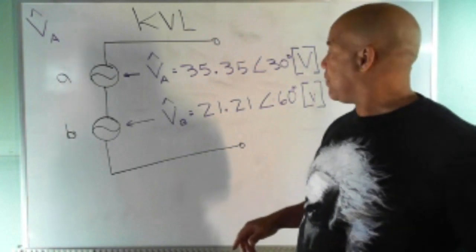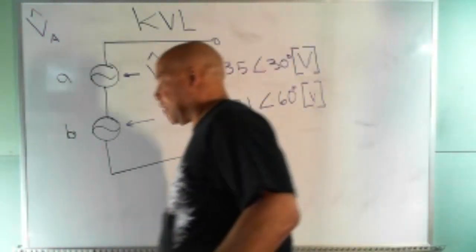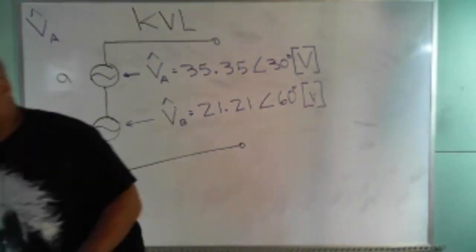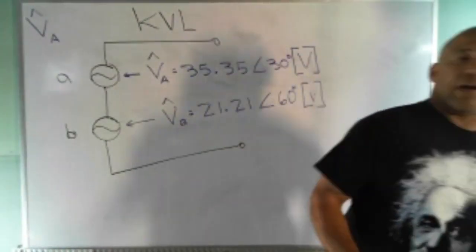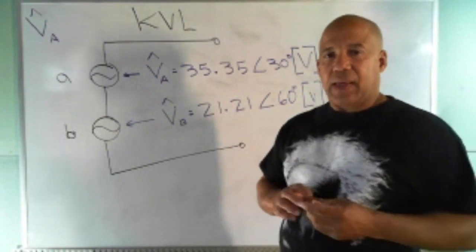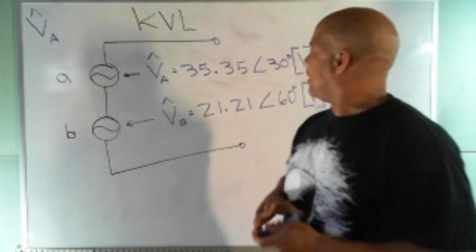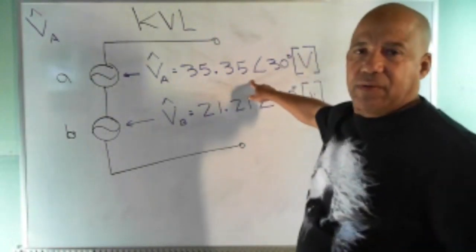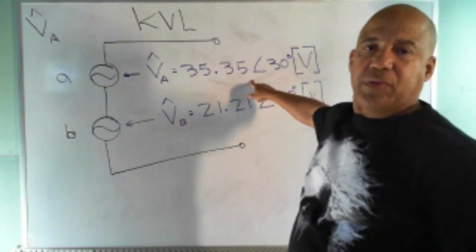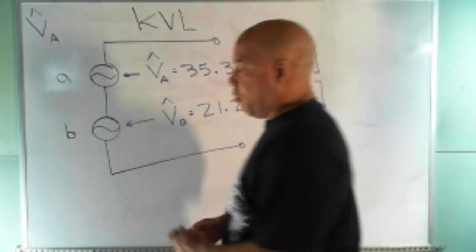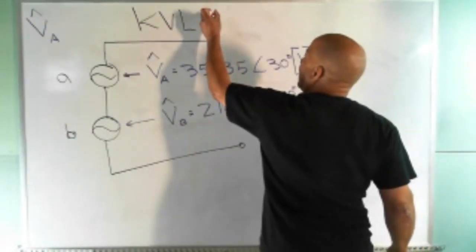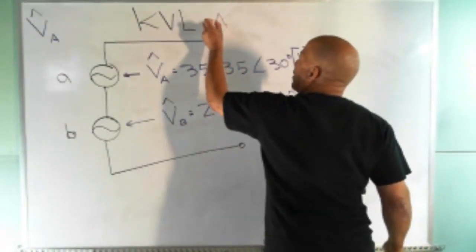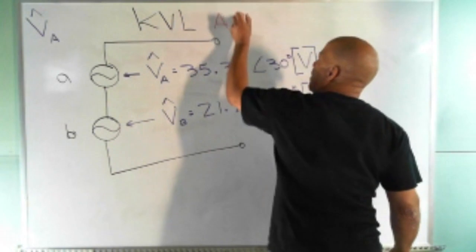But I got to show you something else before we actually do it. The other thing we talked about the other day, very important, we use complex numbers. And you might notice something about this phasor. Remember there were two forms of complex numbers. One way to write a complex number is like this: I can have A plus jB.